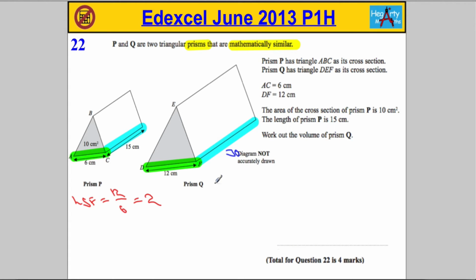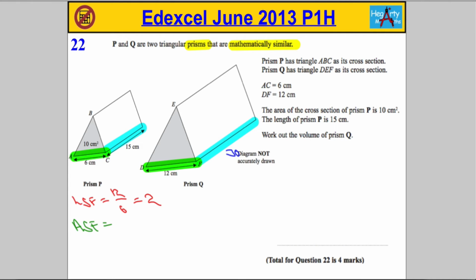Now what I need to be incredibly careful of is when I'm working out the area of the cross section. We can't say that this area in here is just going to be double that area over there, because we only know the linear scale factor. But because I know the linear scale factor, we can work out what's called the area scale factor.